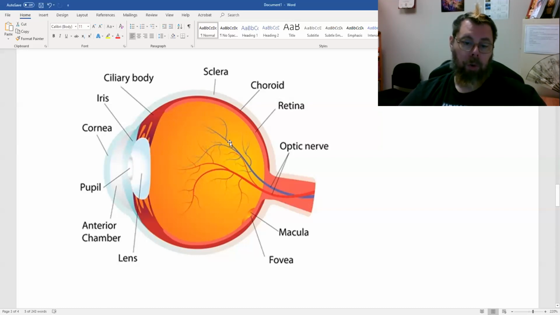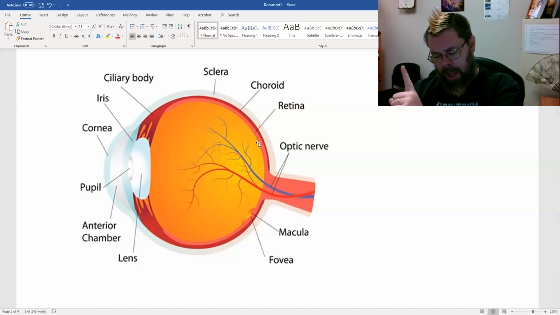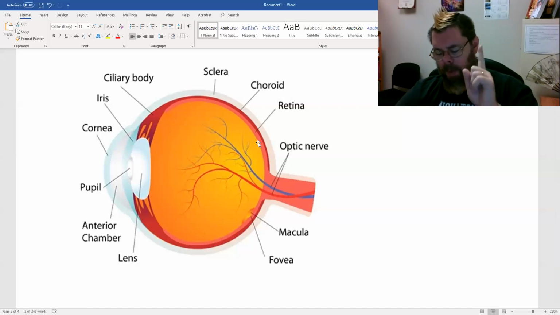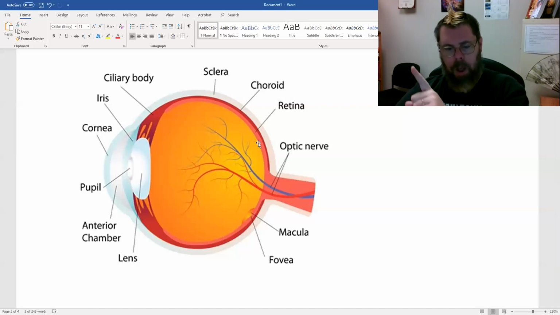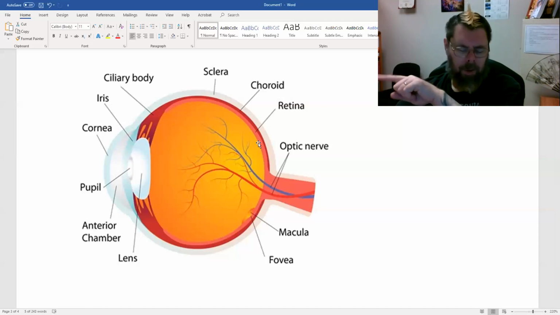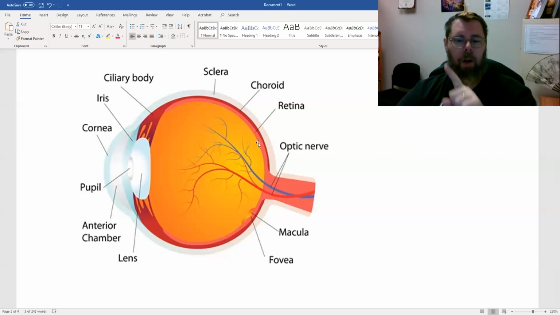And then it passes through the retina and hits the bipolar cell or the ganglion. If it hits the ganglion, it activates, and that sends a signal through the bipolar cell, and all those signals get bundled in the optic nerve and sent out.